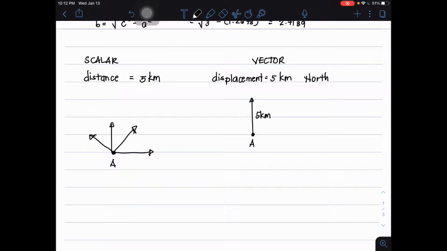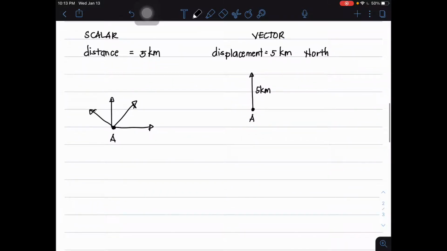As I was saying, when we say scalar, it doesn't have a direction, and vector has a direction. These are perfect examples from point A. When we say a distance of 5 kilometers, it could go in any direction. But when we say 5 kilometers north, we are talking about a specific vector, which is this one.